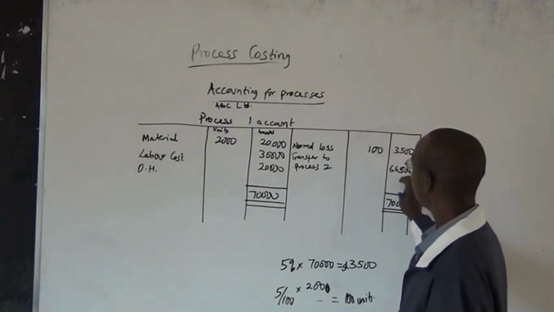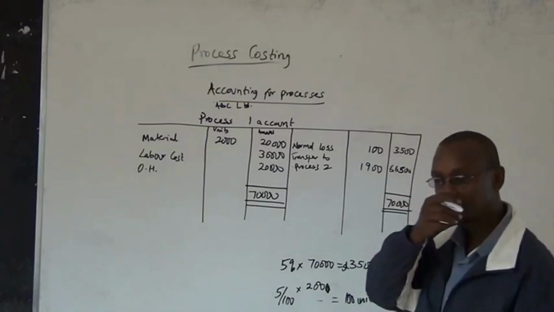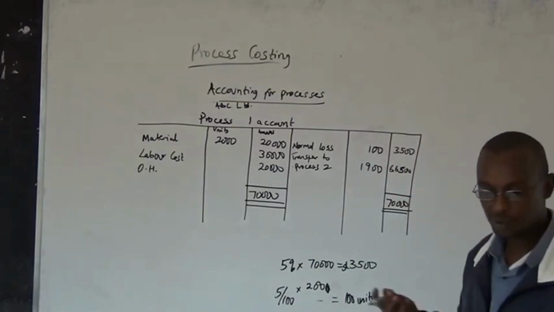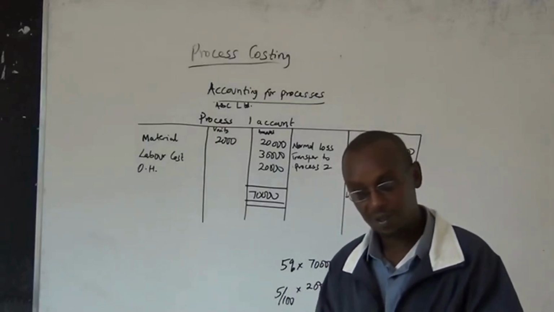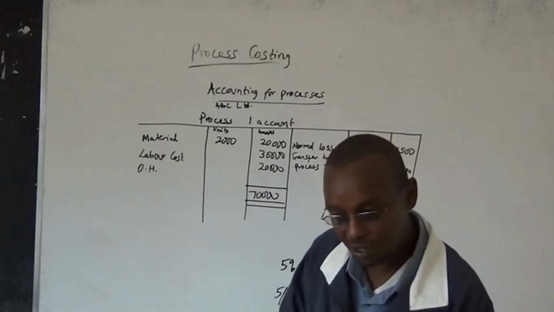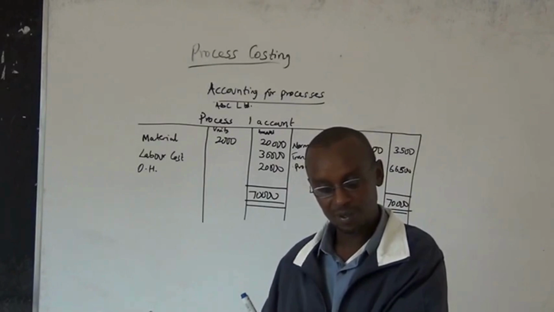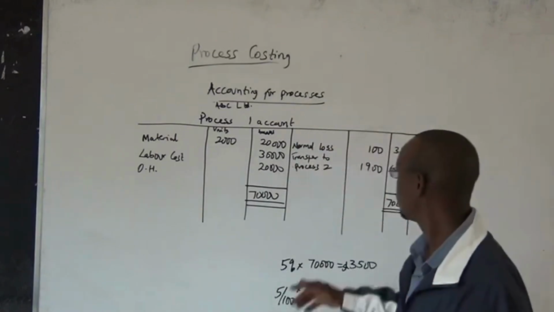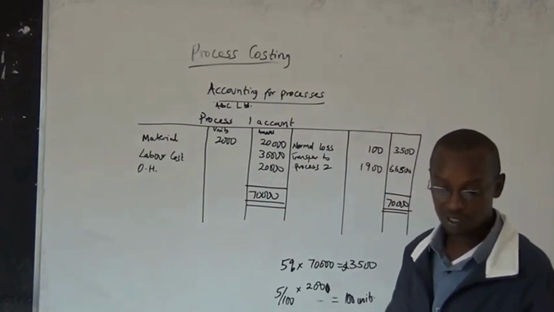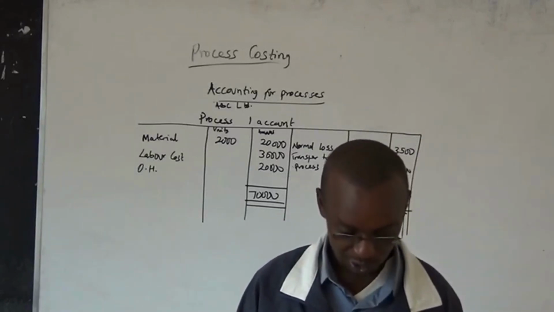That means these are how many units? 1,900. Okay? Because we input 2,000 units. If we input 2,000 units, we are expecting 2,000 units. See here? But now it has come to 1,900 because of the normal loss. It's not difficult.